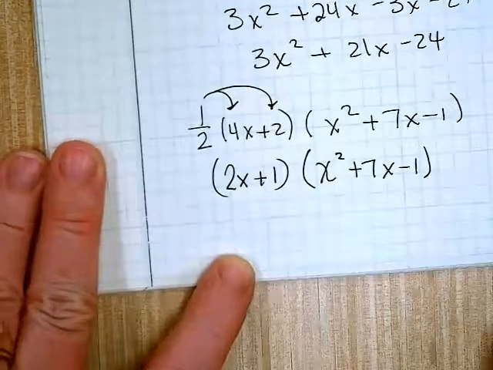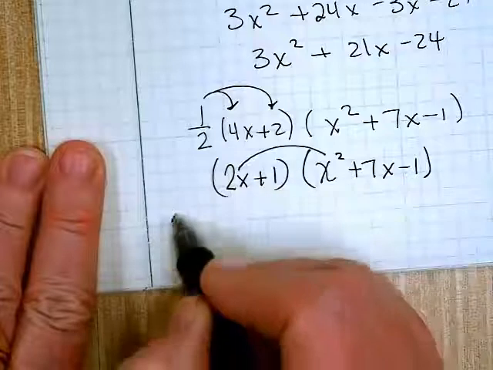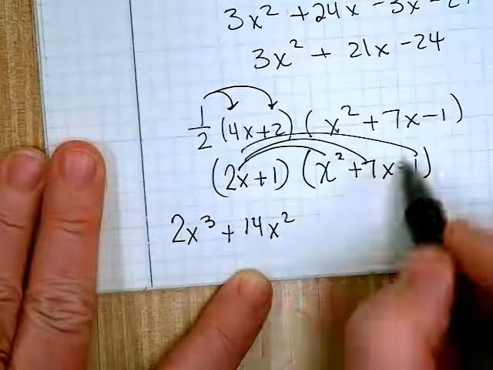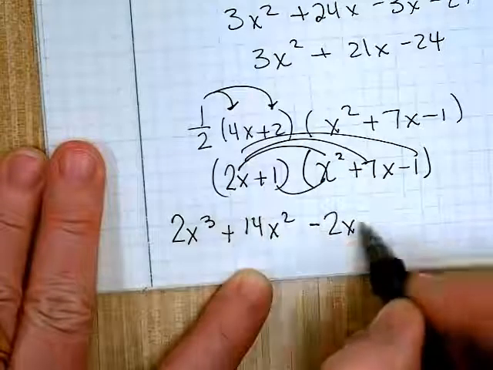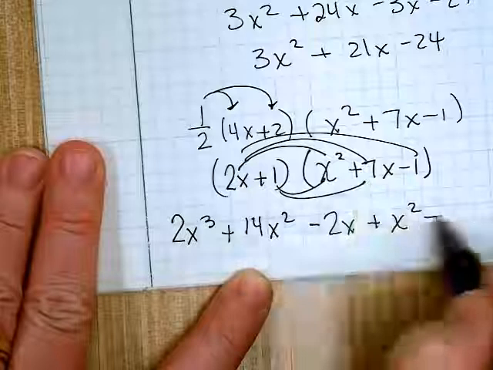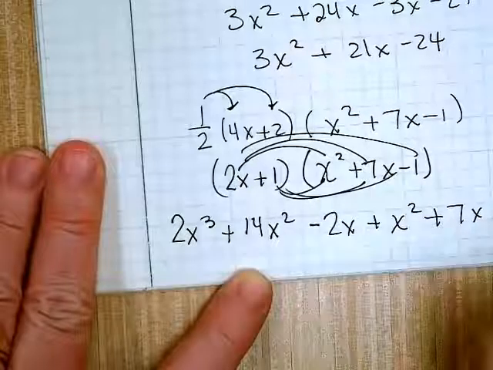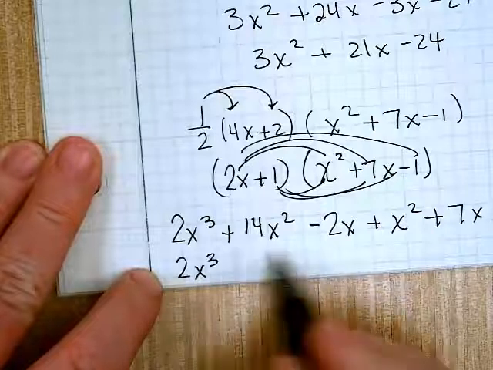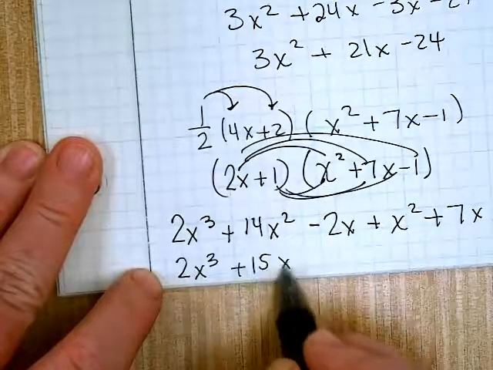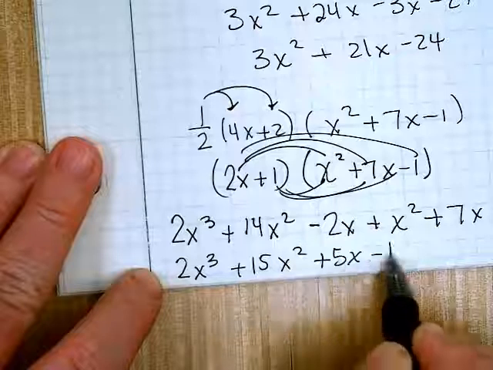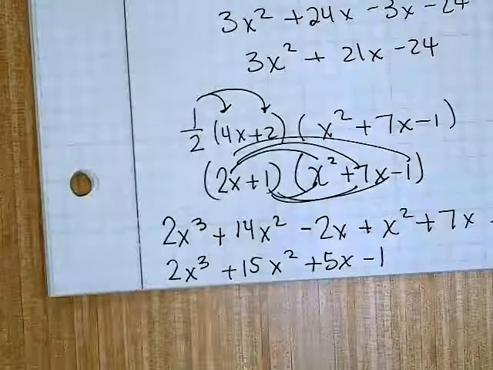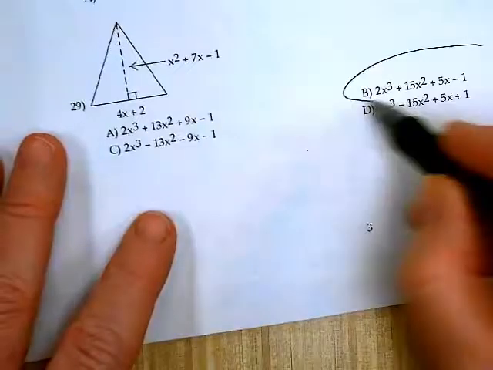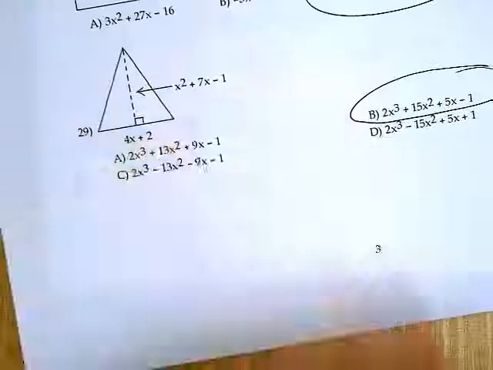You can't do FOIL, you're going to have to distribute. 2x cubed plus 14x squared minus 2x plus x squared plus 7x minus 1. So this is 2x cubed plus 15x squared plus 5x minus 1. Which is B. Is that it?